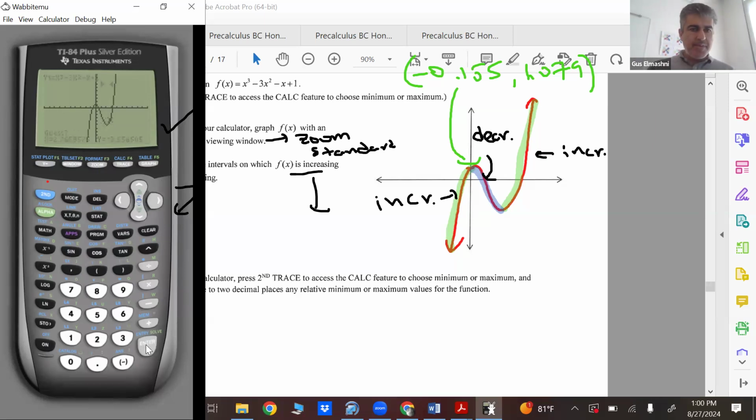I don't know what that is. Okay, 2.155. Negative 5.079. Yep, there we go.